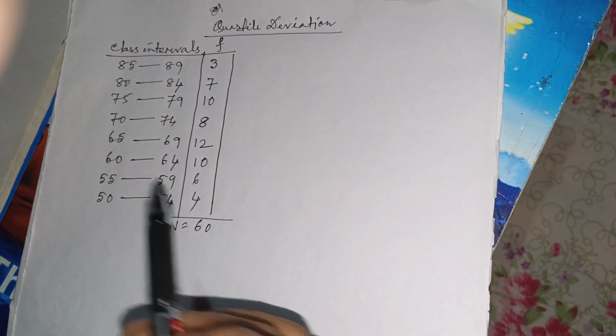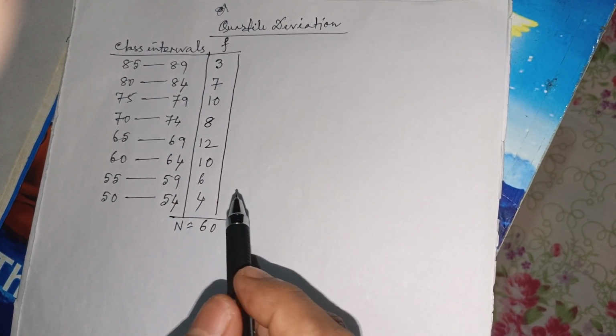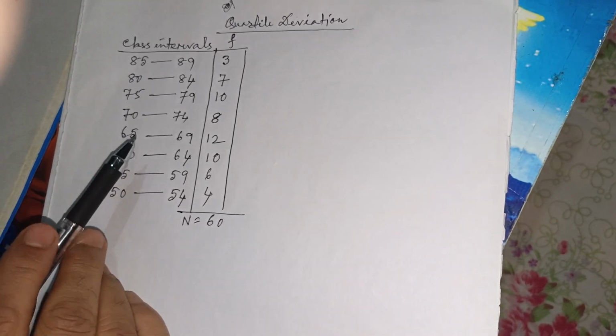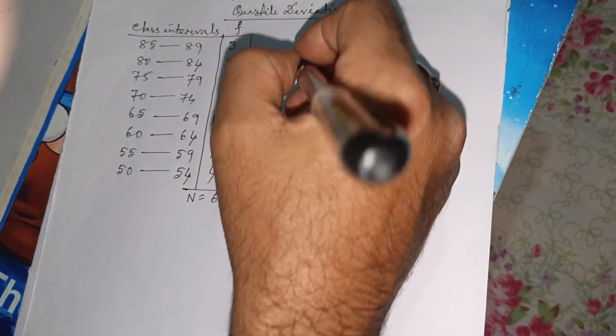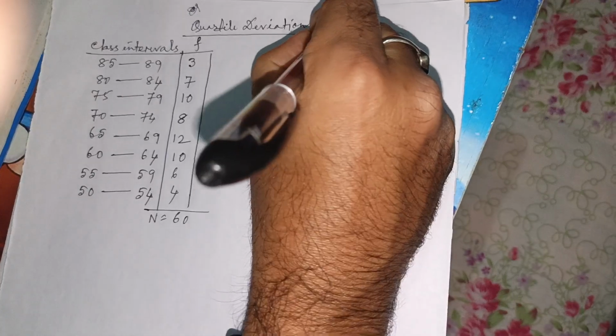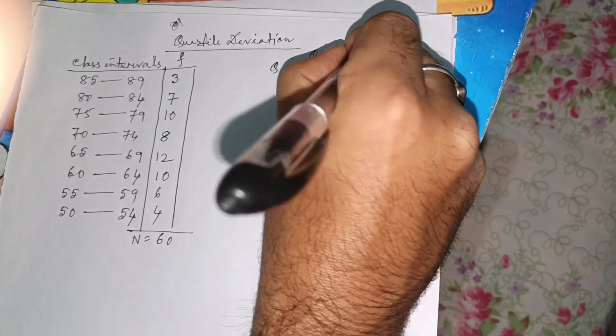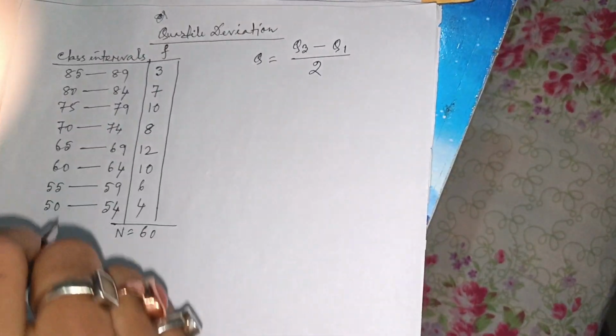So okay students, suppose it is a frequency distribution table, and now you are to calculate quartile deviation from this table. So how to calculate? First of all, you should know the formula. What is the formula of quartile deviation? Let's write here: Q equal to Q3 minus Q1 divided by 2.